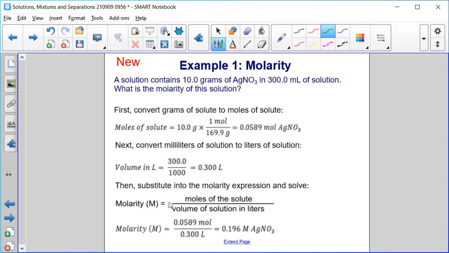And again, molarity is moles per liter. So we're just dividing 0.0589 moles by 0.300 liters to get 0.196 moles of AgNO3 per liter. So just for emphasis, this is the concentration in moles per liter.